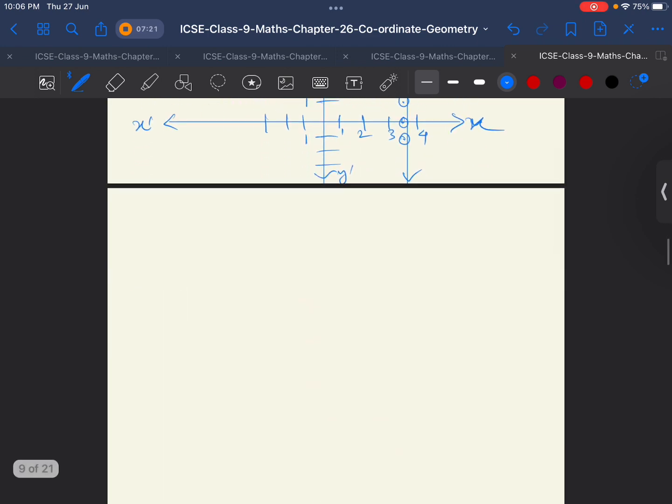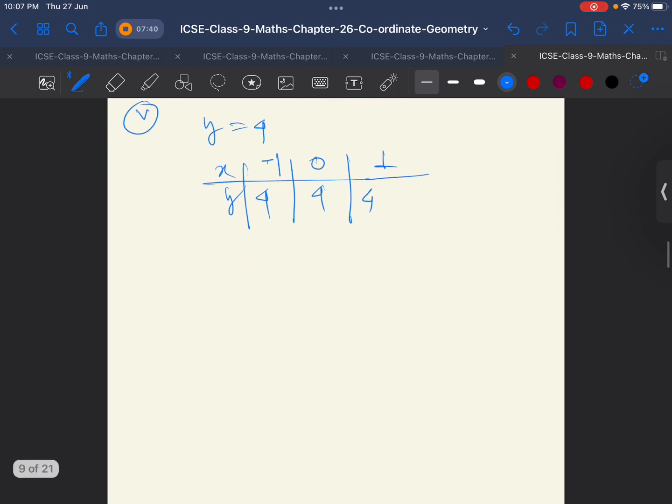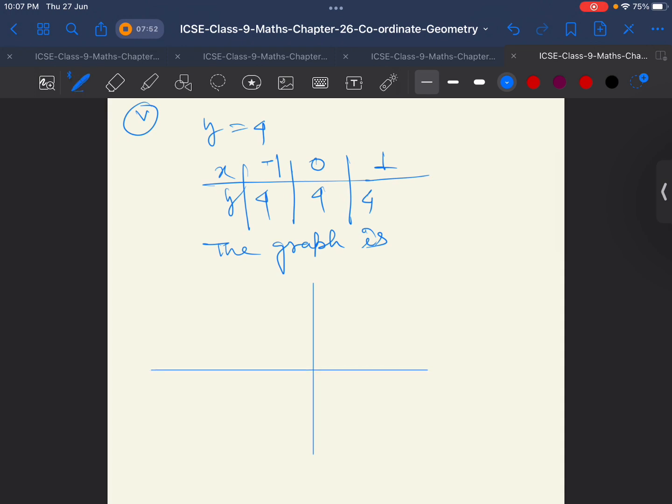Now question number 5. y equals 4. For y equals 4, the table is here: x is -1, 0 and 1. So now the graph is, now I draw the x-axis and y-axis, x dashed, y dashed.